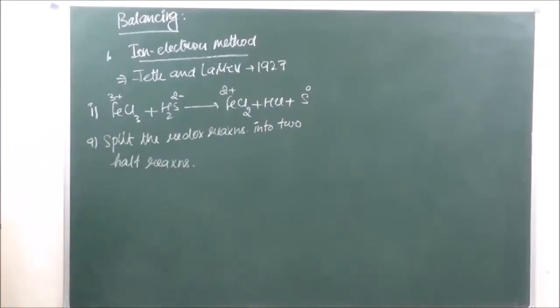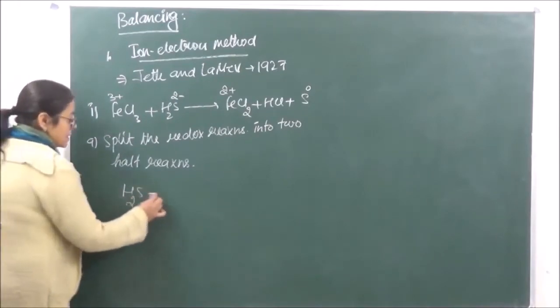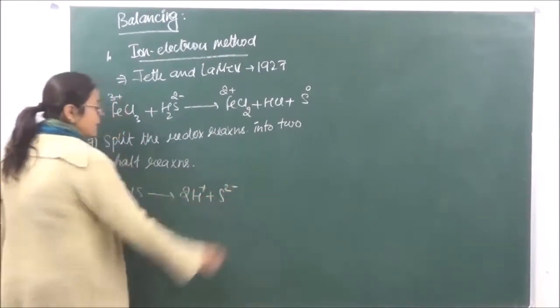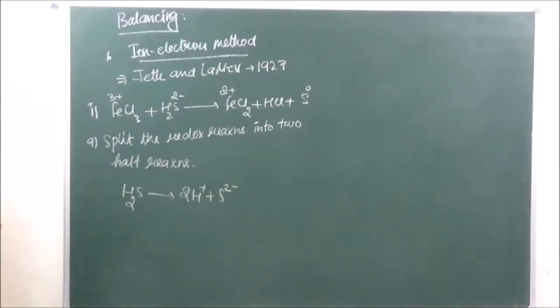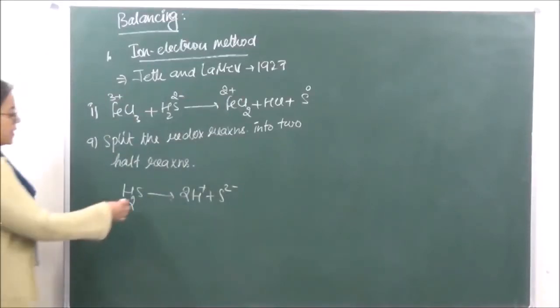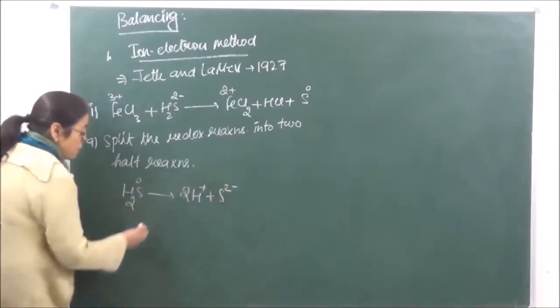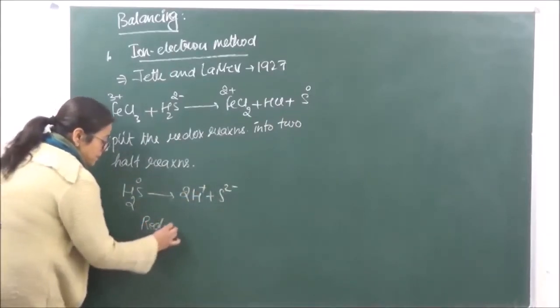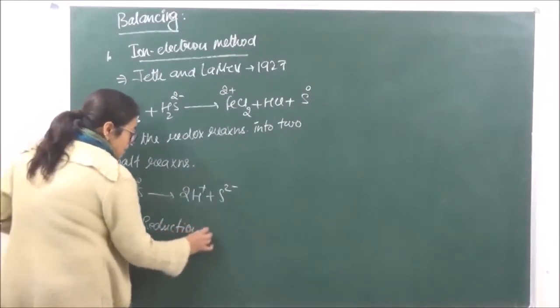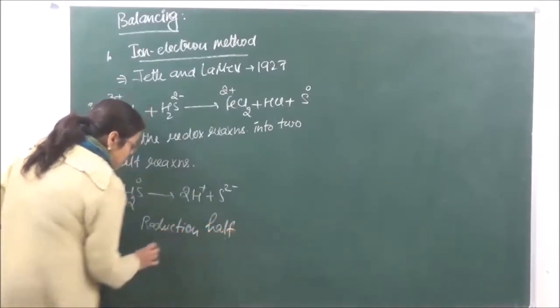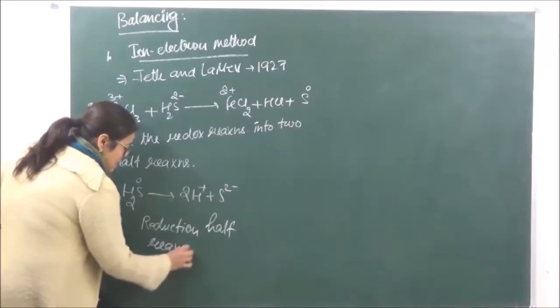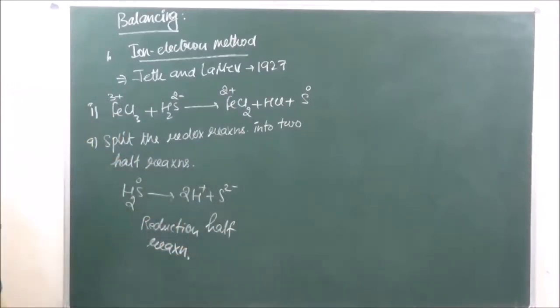For example, here we have H2S, which gives us 2H positive plus S2 negative. So over here, the oxidation state of sulfur is going from 0 to -2. This is going to be the reduction half reaction, okay?